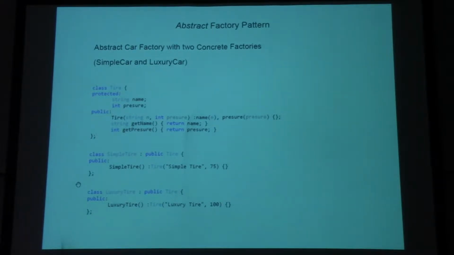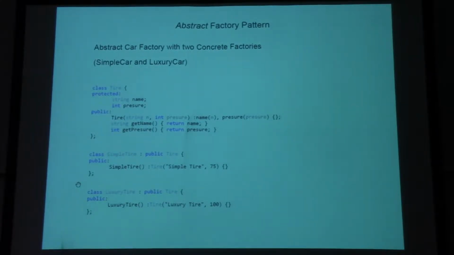So it's just a simple class that says, okay, tire has a name, and it's going to have some kind of pressure, tire pressure. Okay? And then they give you a constructor, and the constructor says, okay, here's the name of the tire, here's the pressure, and there's a member initializer, and then there's some get methods.